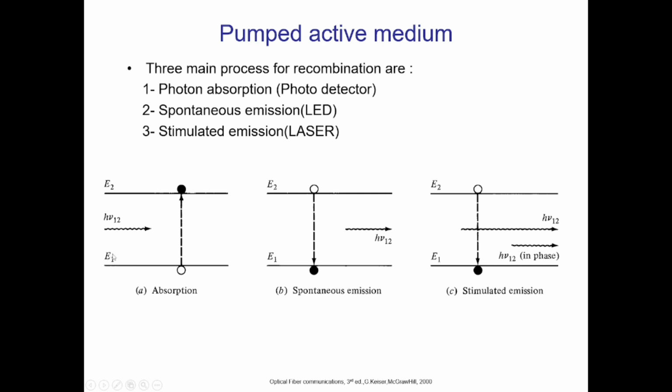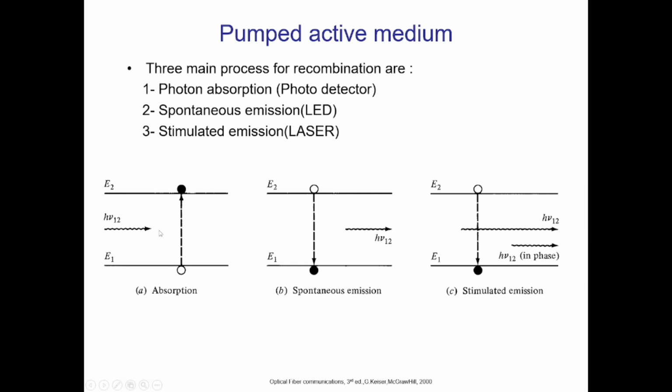So you can say E1 is the ground state and E2 is the excited state. At thermal equilibrium, in the presence of photons, or when light falls on the semiconductor, photons can be absorbed to generate an electron hole pair. This is called absorption.